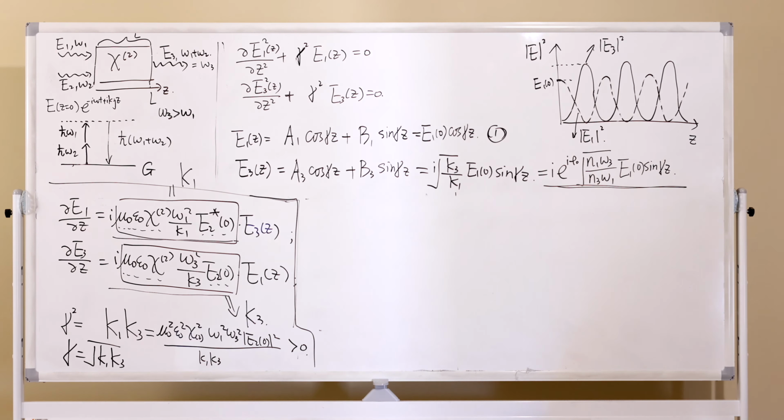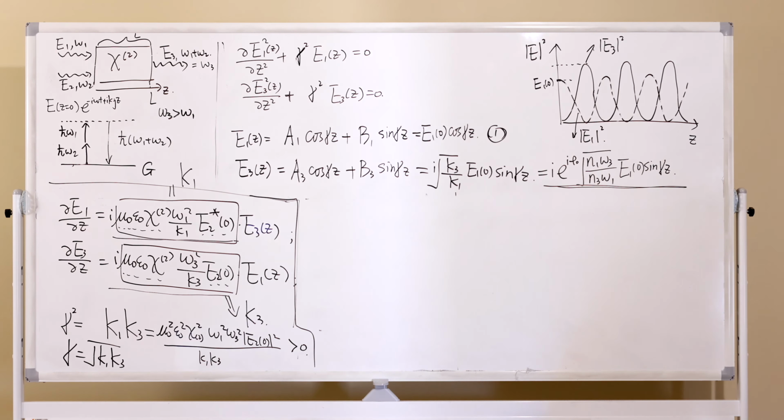So in this process, you will see the amplitude of E3 decreases, and E1 and E2 both increase. If we work in the regime where E3 is much larger than E1 and E2, then you can neglect the change in E3.